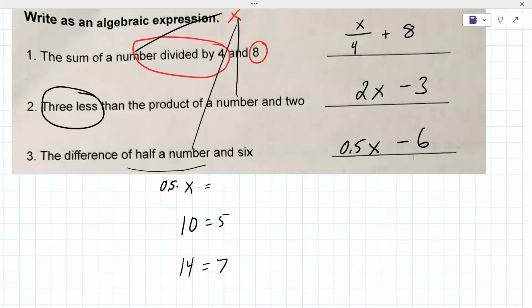Okay. Why don't you try number 4 on your own? You're just adding decimals.